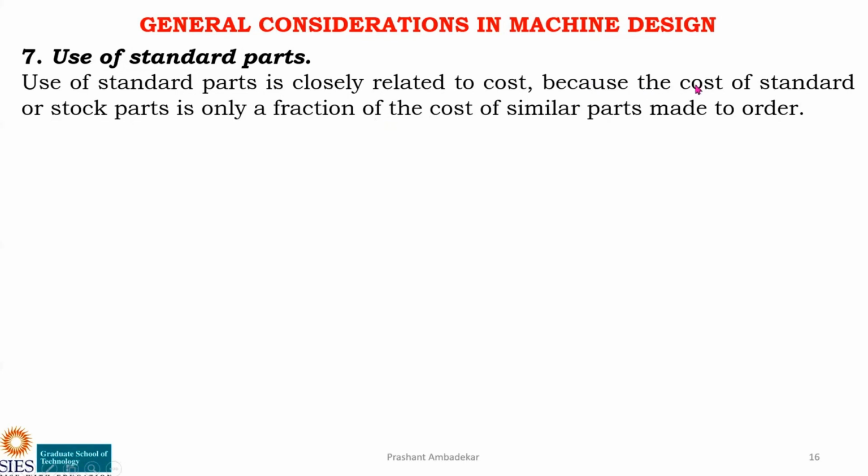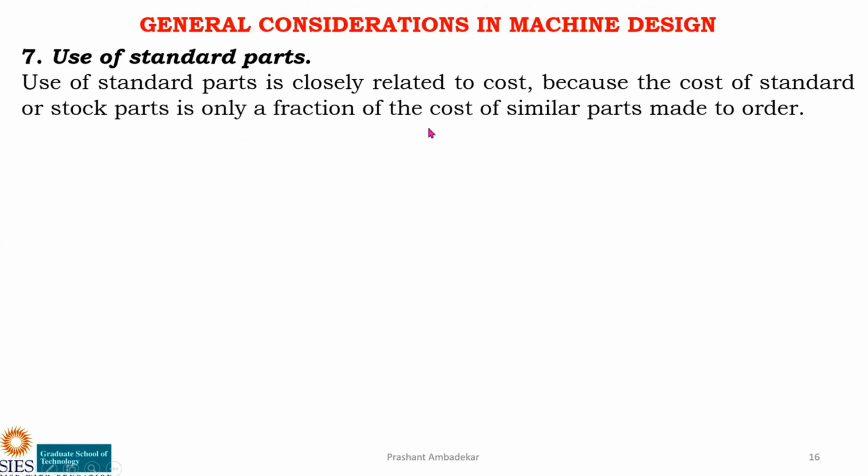Again, I told you about the size of the bolt and the size of the nut. It should be standard. The same size shaft, same size bolt and nut should be used. Again, if you want to use a bearing, then bearings are available in standard numbers only. So you cannot use any bearing. That also you have to take care of when you are manufacturing the shaft or selecting the size of the shaft.